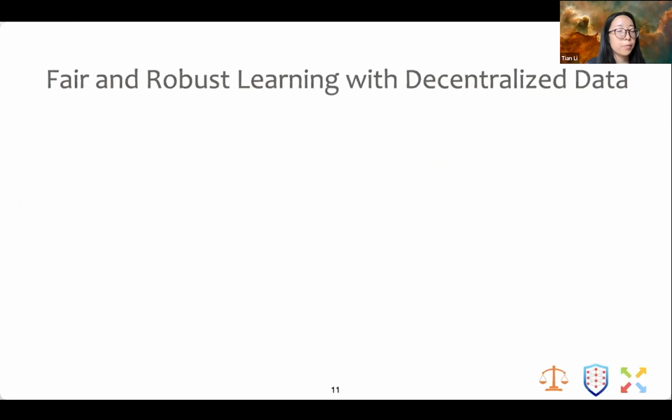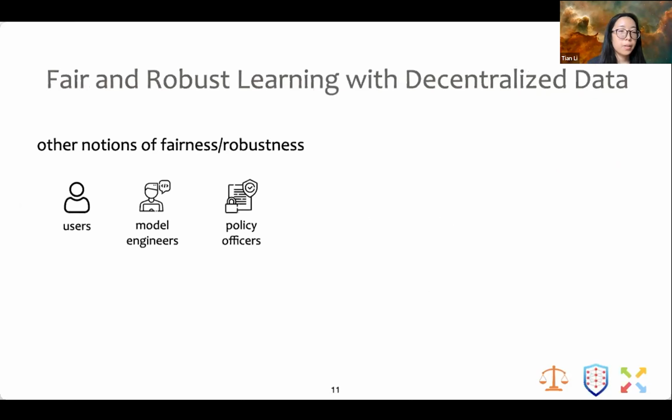And in the future, there are also other fairness and robustness notions that we need to consider beyond what has already been studied. So that may involve considering different stakeholders, including users, model engineers, and policy officers.